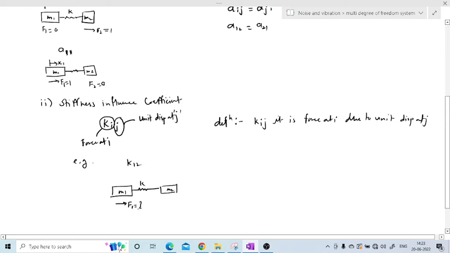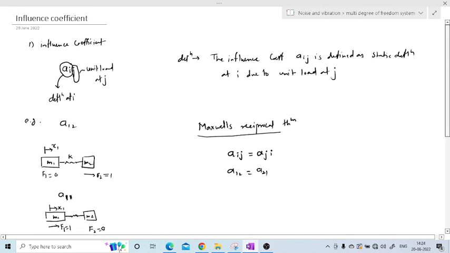To determine this, we give the displacement at 2, equal to 1, that is unit displacement, so the displacement of mass 1, x1, is equal to 0. This is K12, the force at 1 due to unit deflection at 2. Now on this we will solve some numericals.